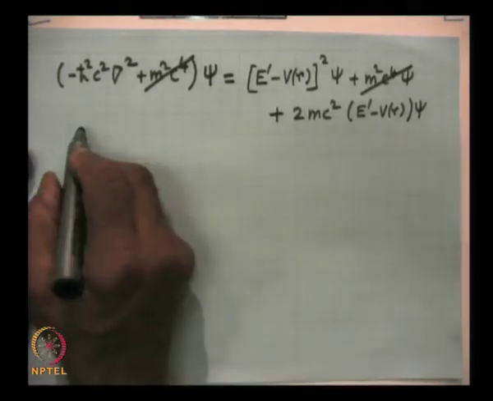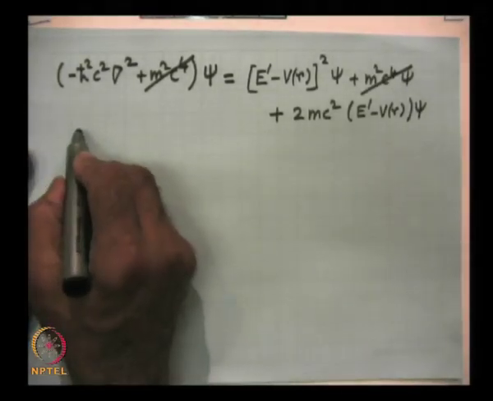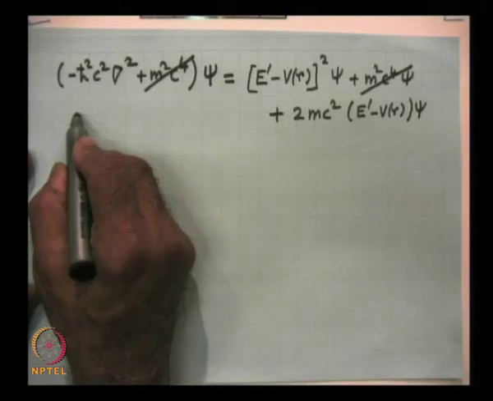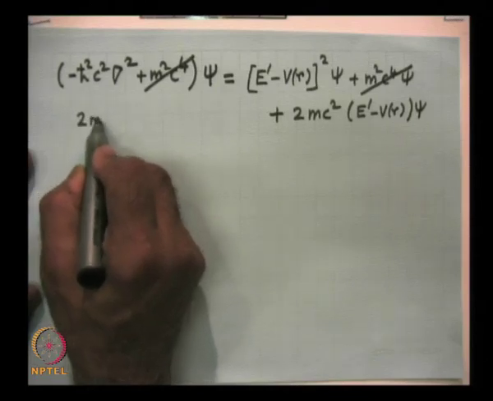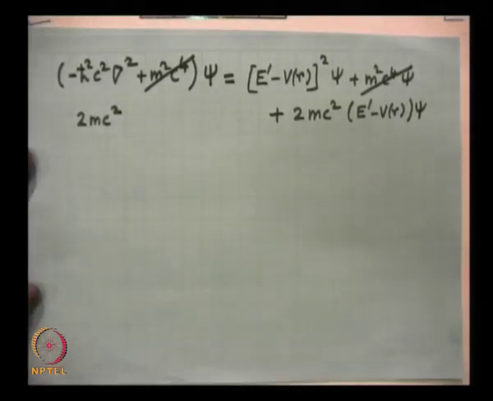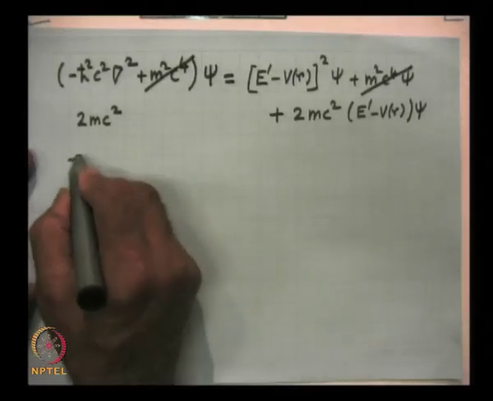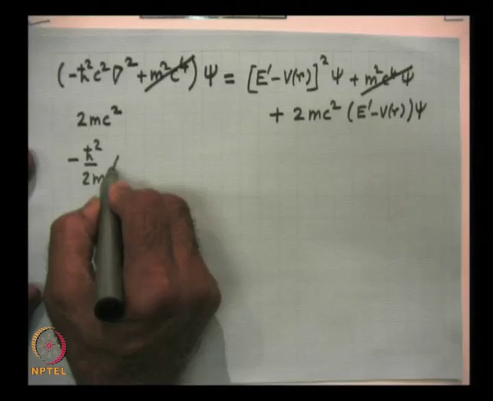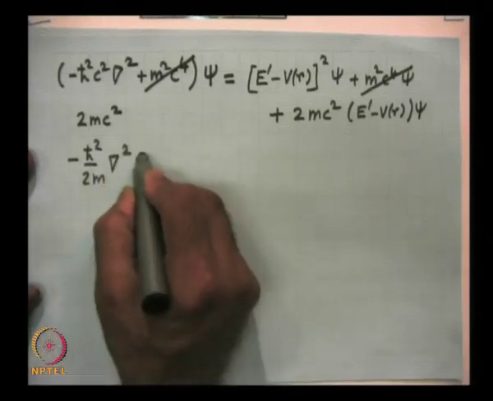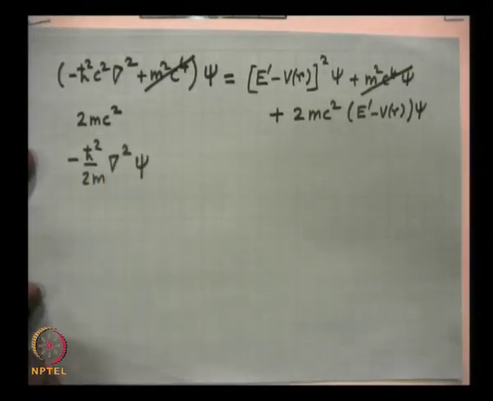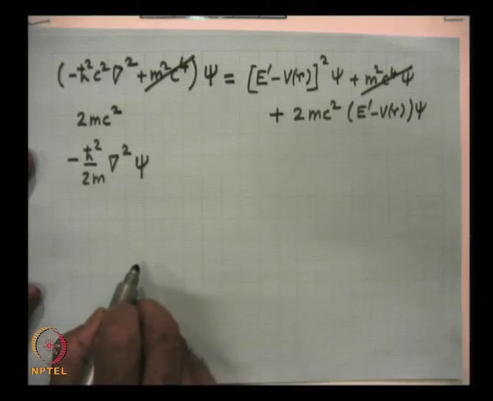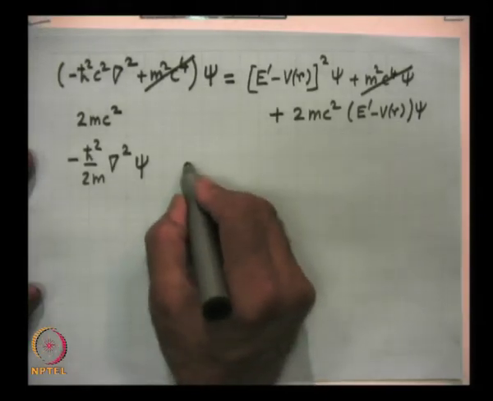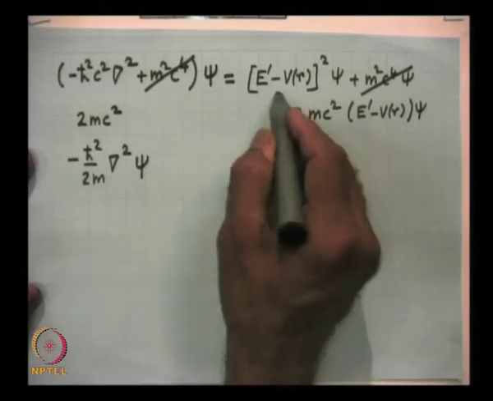I divide the whole equation by 2 m c square. So I will obtain h cross square by 2 m del square psi, and then I bring it to this side.